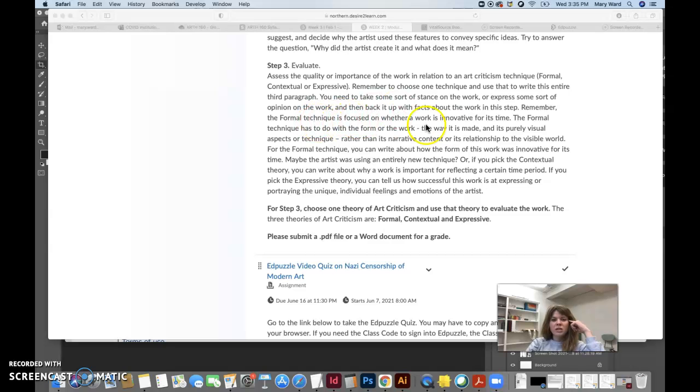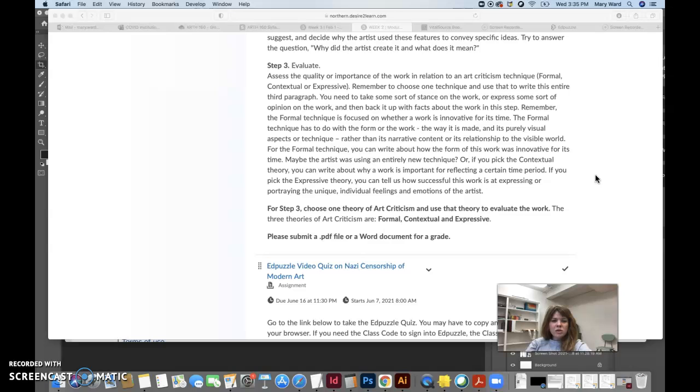Remember, the formal technique is focused on if the work is innovative for its time. It has to do with the form of the work, the way it's made, the purely visual aspects or techniques used, rather than the narrative content or the relationship to the visual world. For the formal technique, you can write about how the form of this work was innovative for its time.